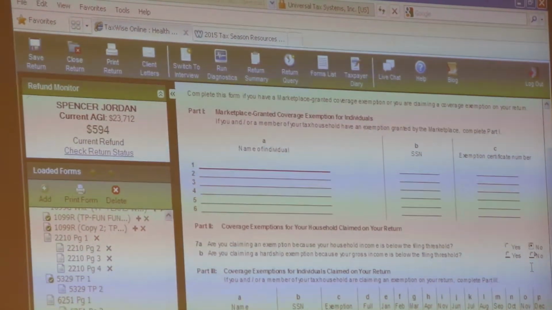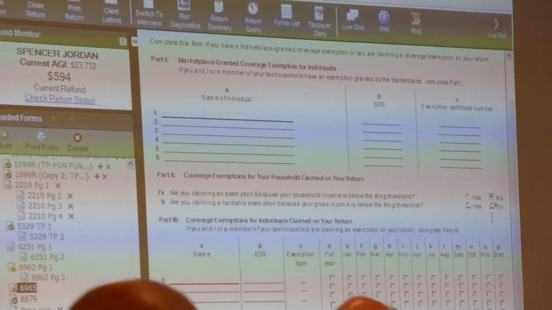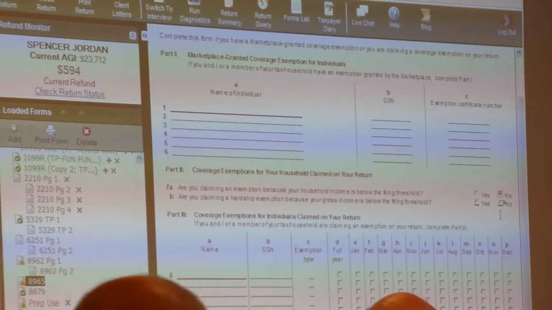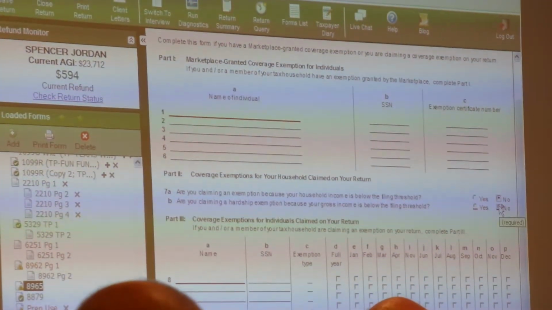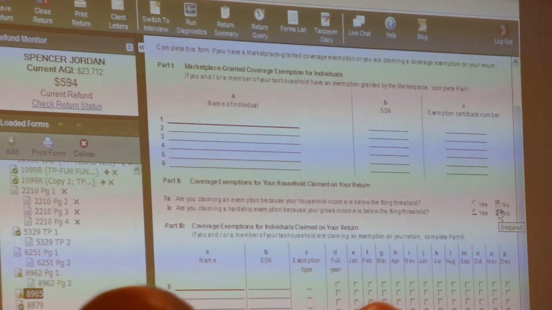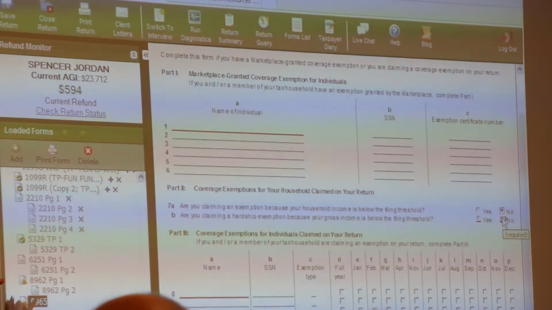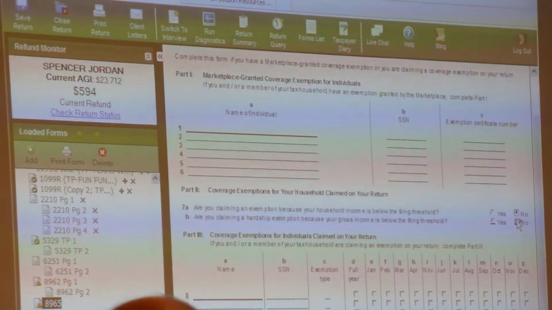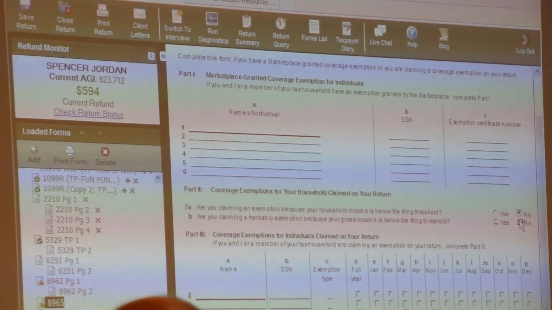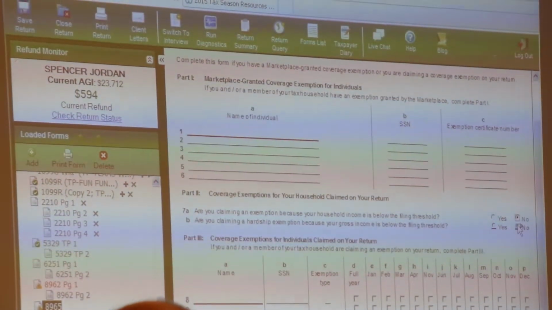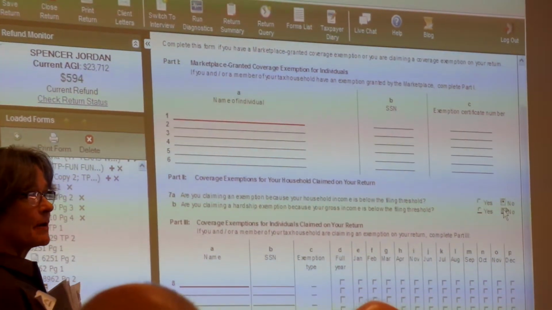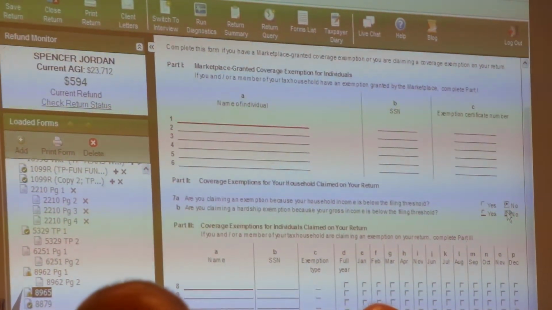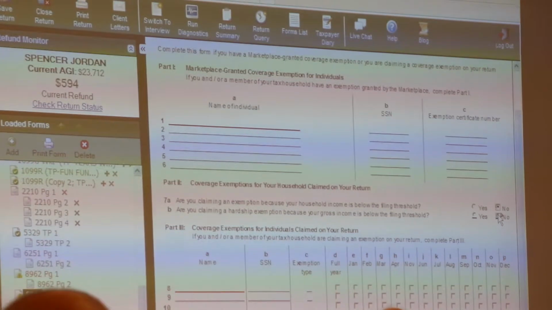And Emily has included in the handout the definition of gross income, which is AGI plus any gross income on a Schedule C, so income without any business expenses, and any gain on Schedule D. So if there's a loss on Schedule D, you don't get to include that loss in calculating gross income.